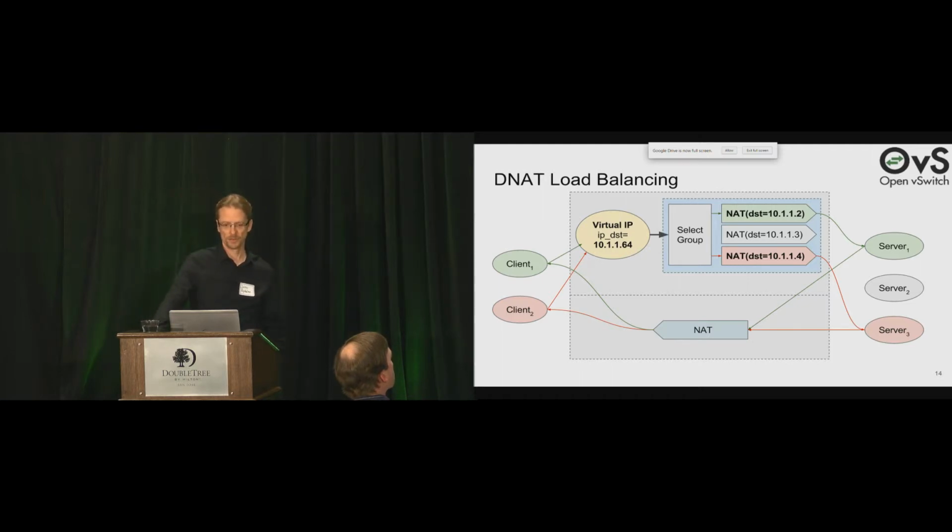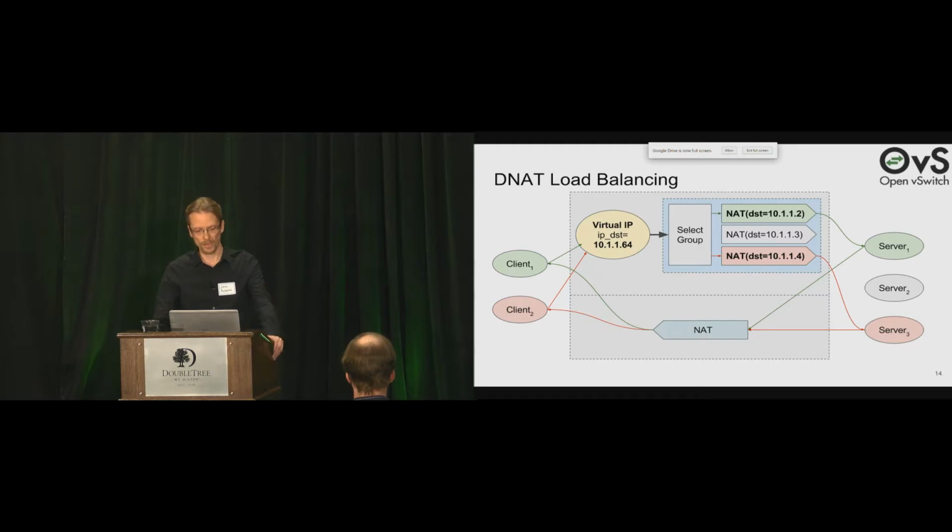And in this case, client 1 gets server 1 marked in green, and this selection is persisted as part of the conntrack state and the NAT state within the conntrack NAT extension, so that the return traffic can then be reverse mapped properly.